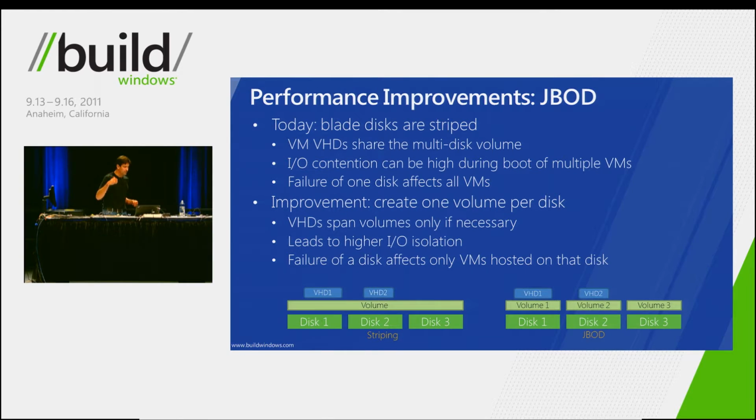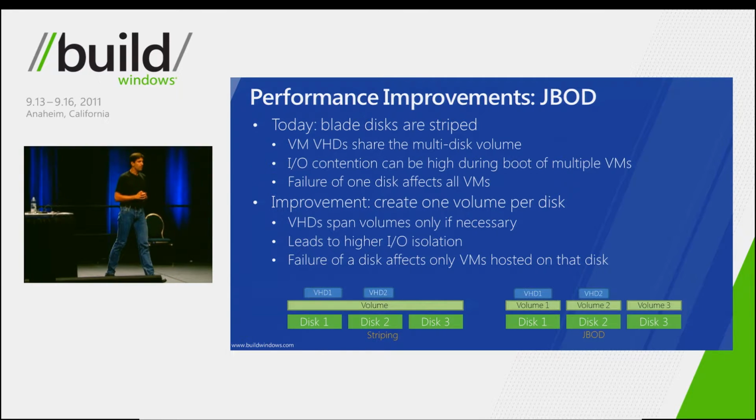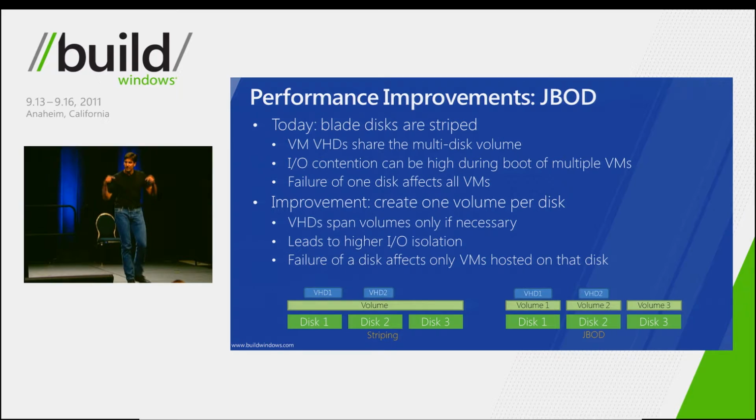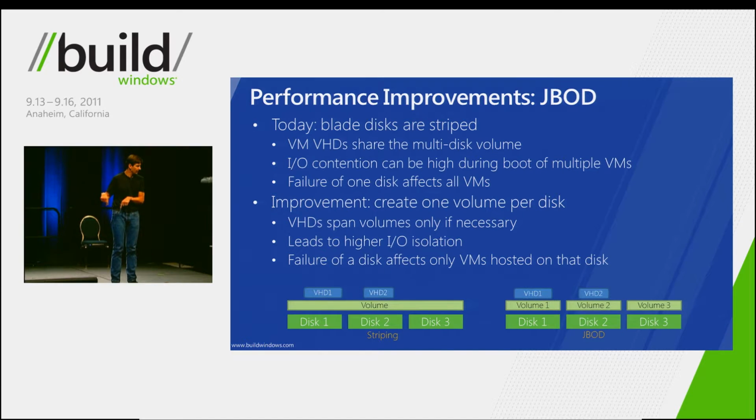You can see the striping on the left. We've got one big volume spanning those disks, and the VHDs go down on there. This has two implications. One is that I/O from one tenant writing to VHD1 is going to affect the disk performance of the guy accessing VHD2 if they're accessing at the same time.